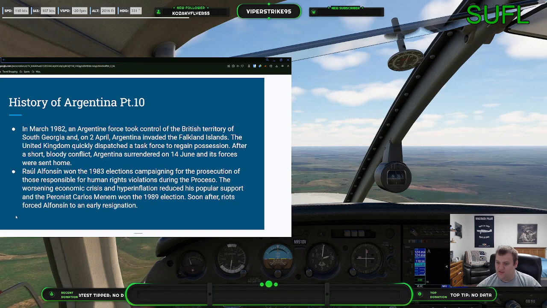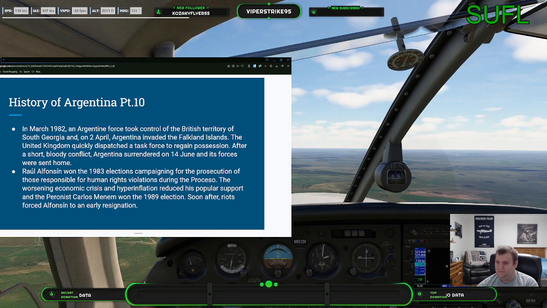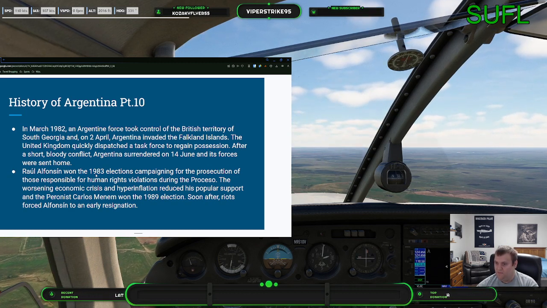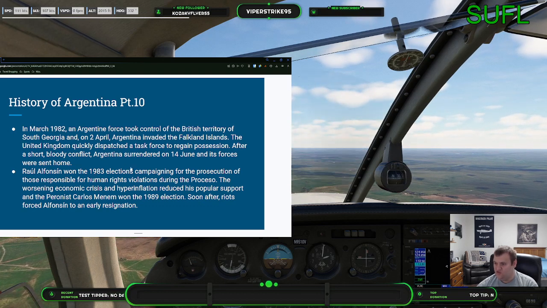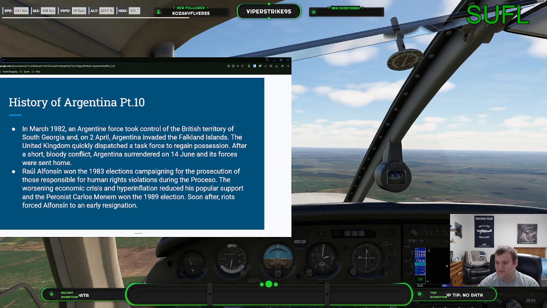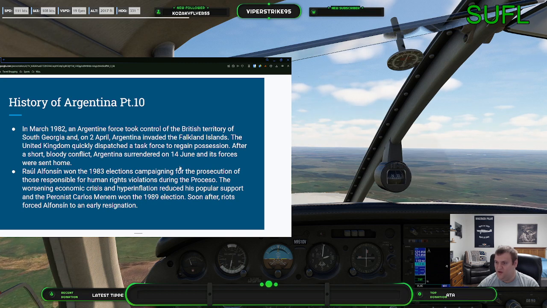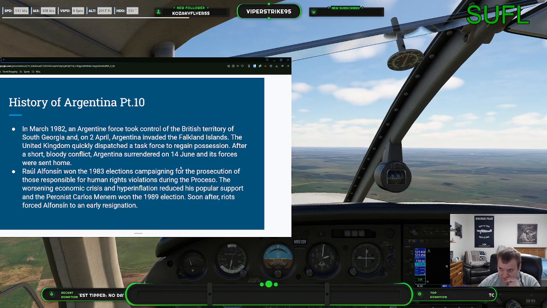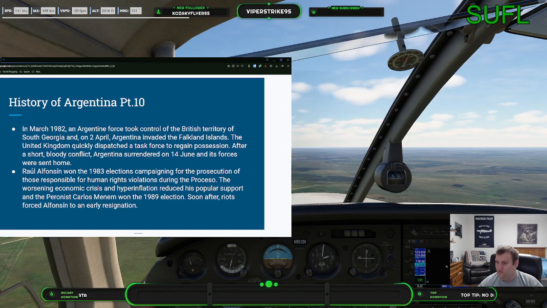One of those events during the military junta was in 1982, when Argentine forces took over South Georgia and the Falkland Islands. The UK sent a task force to regain the Falkland Islands, and this set up the Falklands War, which led to a humiliating defeat of the Argentine military.